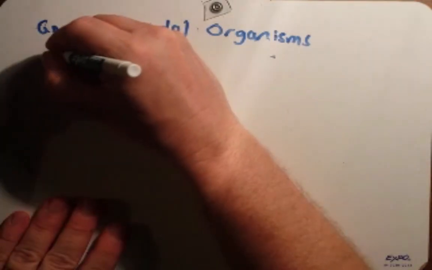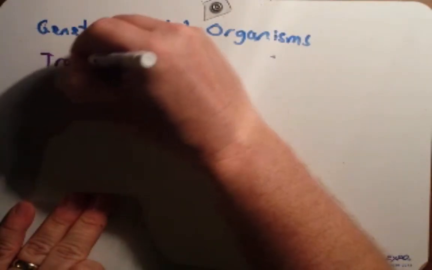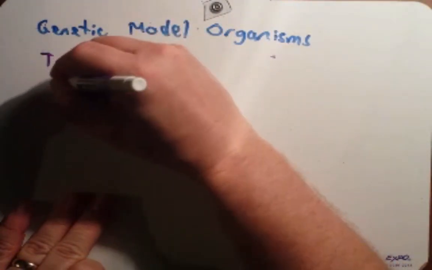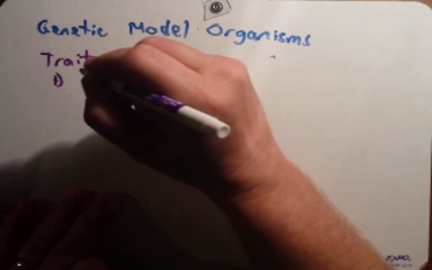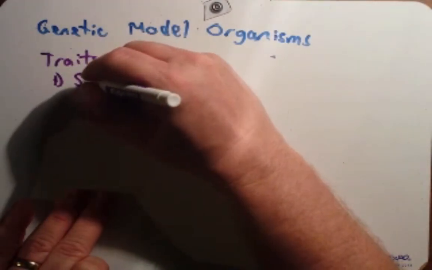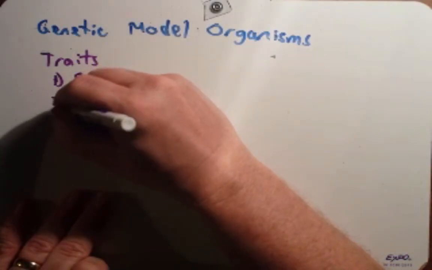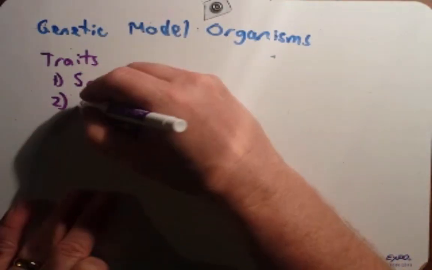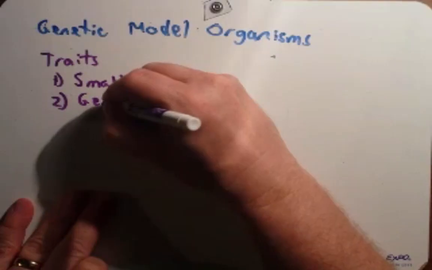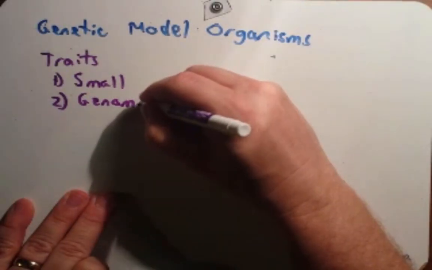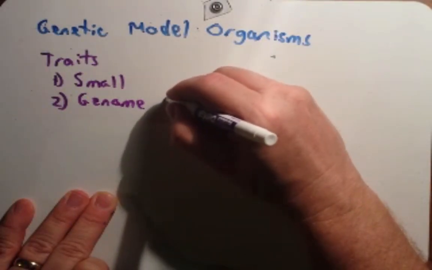So model organisms typically have certain traits. These include, often anyhow, they're small. It's not required, but it certainly is very helpful if that model organism's genome is sequenced.